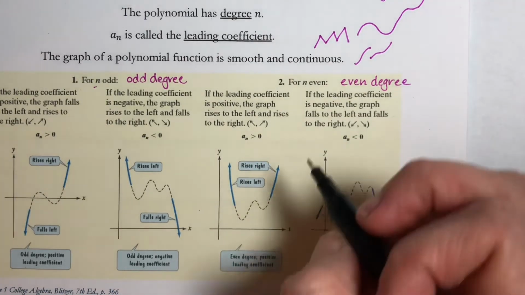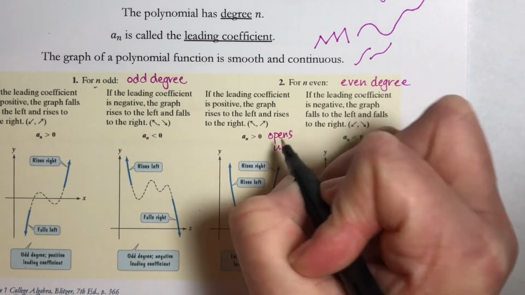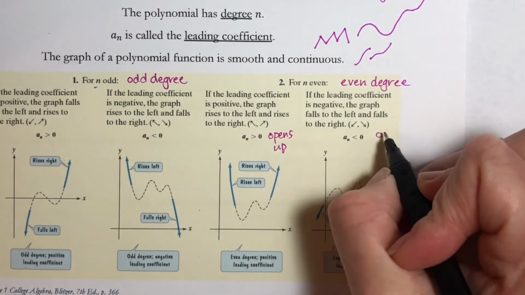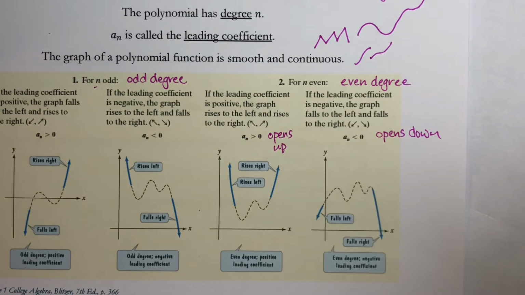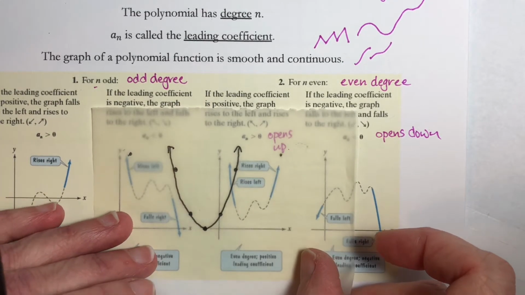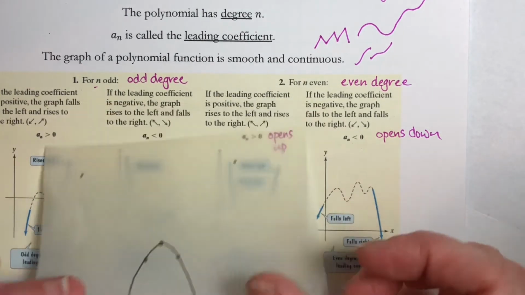This is analogous to what we did where we said it opens up. And then if the number in front is negative, it opens down. And again, if you think about the transformations, we talked about a general quadratic, and if the number in front was negative, we flipped it over the x-axis and we got this.